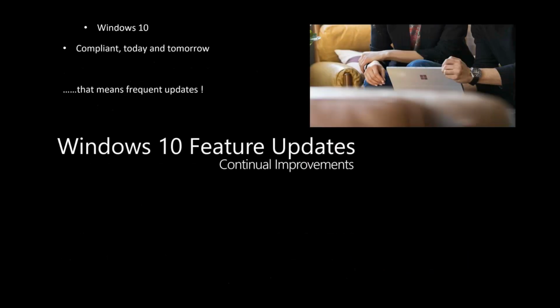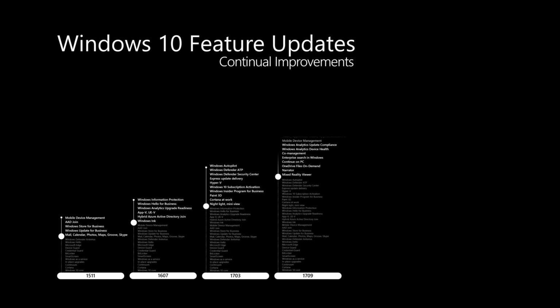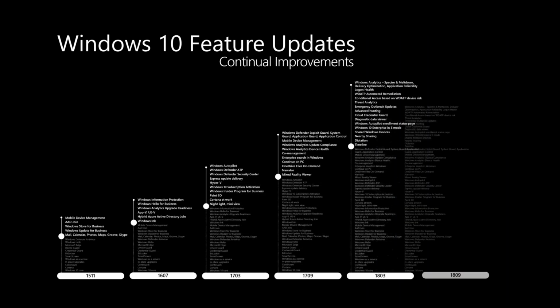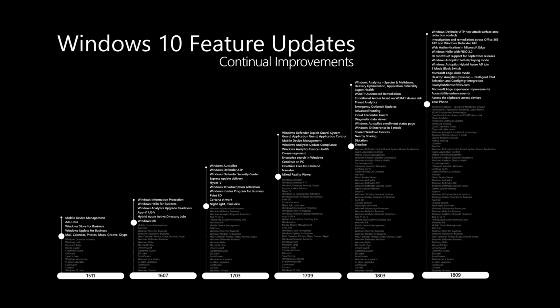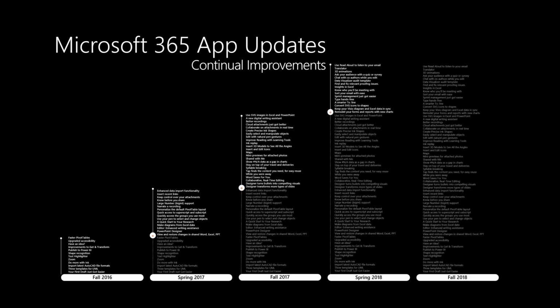The first thing to point out, and this slide is not completely up to date but I wanted to use it as an example, is Windows 10, and the next one is Office. This shows you the vast amount of updates that have gone into the products since the launch. These slides are missing the last year and a half, so there's considerably more.